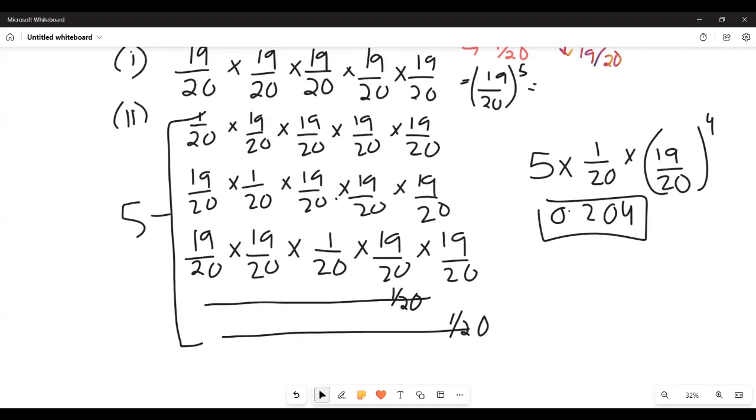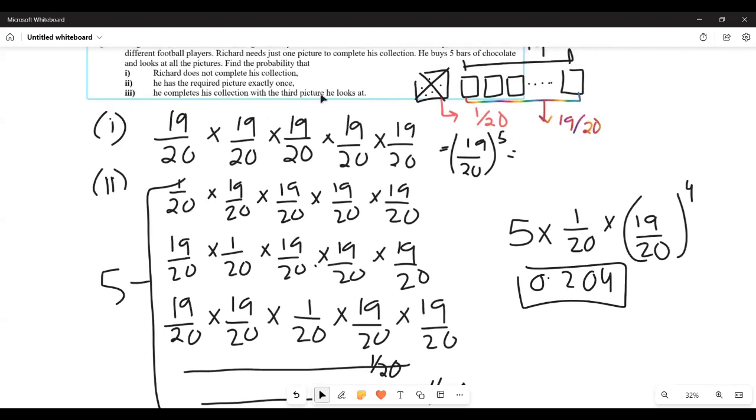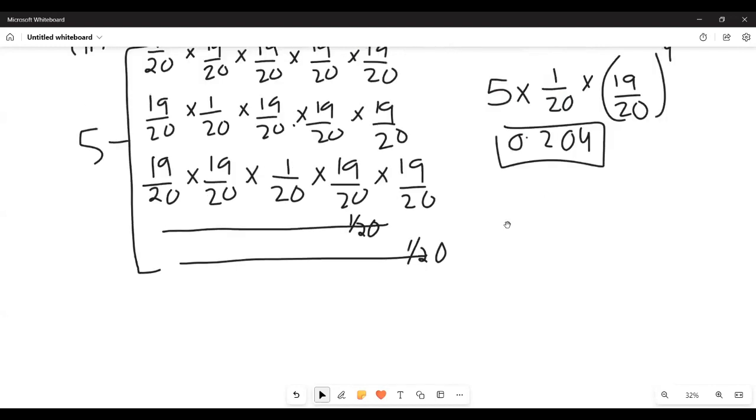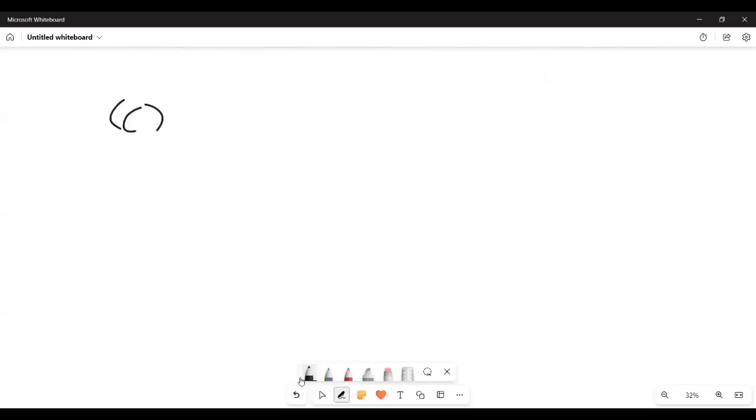Okay. Next is, he completes his collection with the third picture he looks at. So what's the probability that he gets that card in the third picture? So that means he buys the first chocolate, does not get the card. So उसकी probability is 19 out of 20.